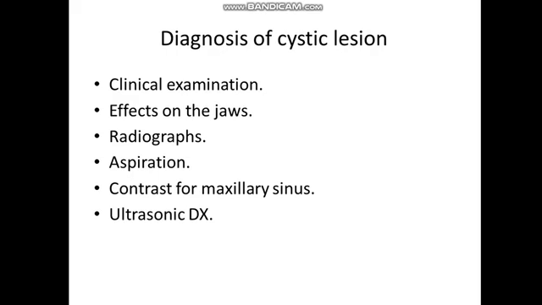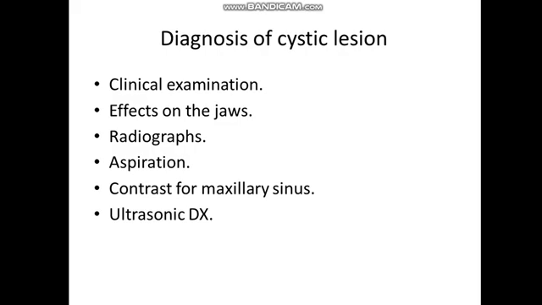Contrast for the maxillary sinus: since the maxillary sinus is an air-filled space, it appears as radiolucency, and it is difficult to differentiate between the radiolucency of the maxillary sinus and the radiolucency of the cystic lesion.